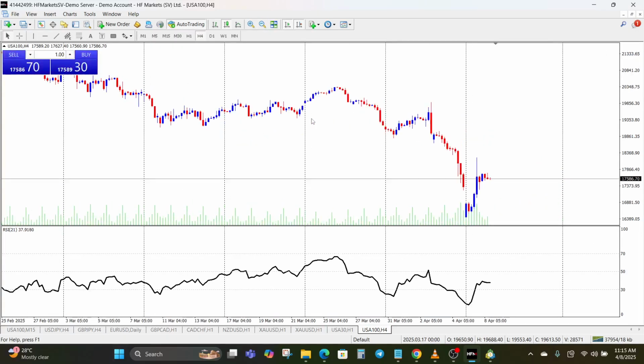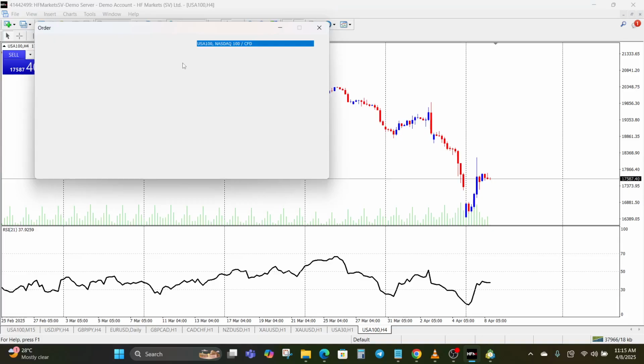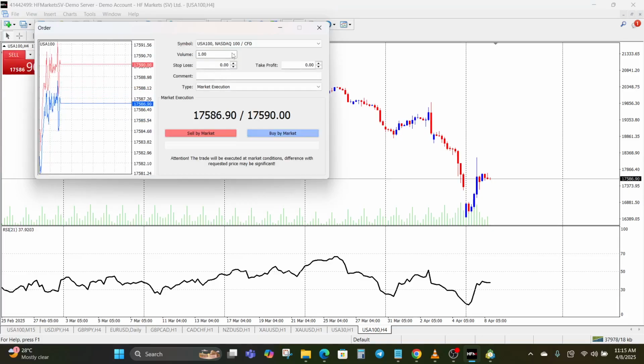So to place a trade, you go to new order. Of course, ensure that the symbol is correct: USA 100, NAS 100, USTEC, whatever symbol your broker uses. You input your lot size.